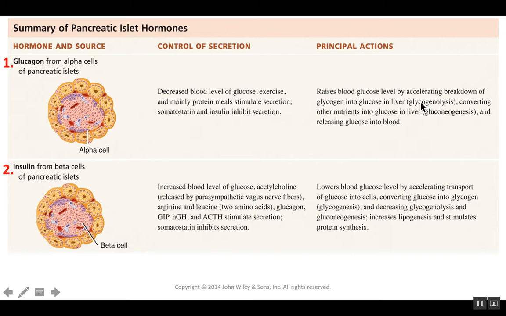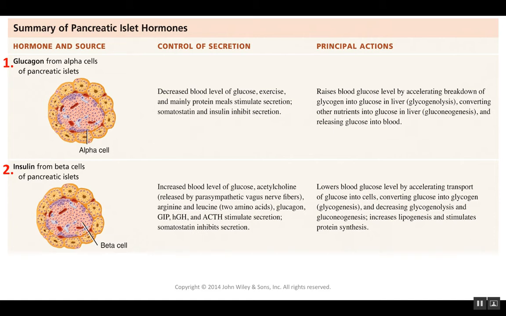It can also convert other nutrients, like some of our amino acids, into glucose. This process is known as gluconeogenesis, producing glucose from something other than a carbohydrate. So, this function helps keep your blood sugar from dropping dangerously low.